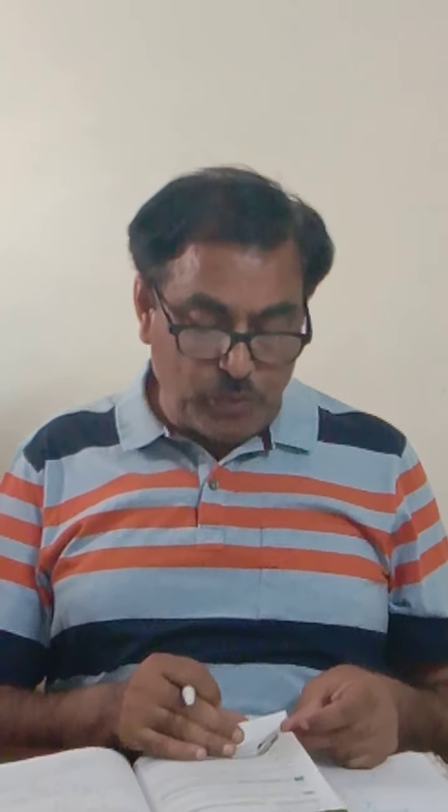So you get the asymptotes y = x, y plus x plus 1 = 0 and x plus 2y minus 1 = 0. Three different asymptotes you have found out. These are some important problems I have discussed.